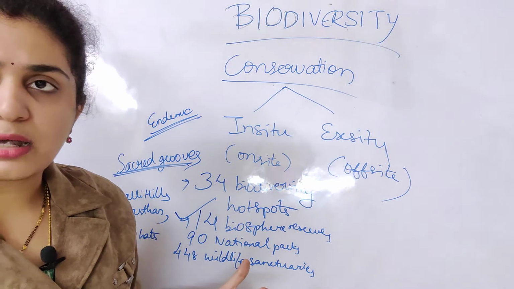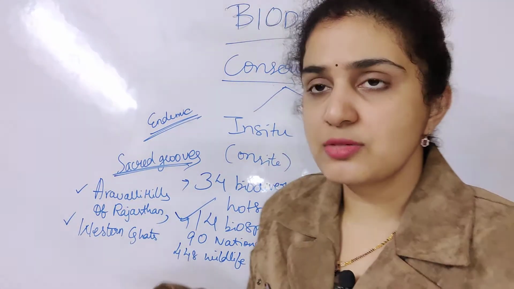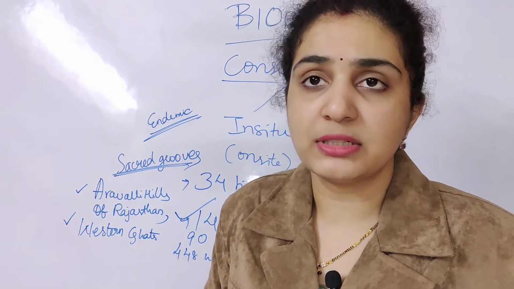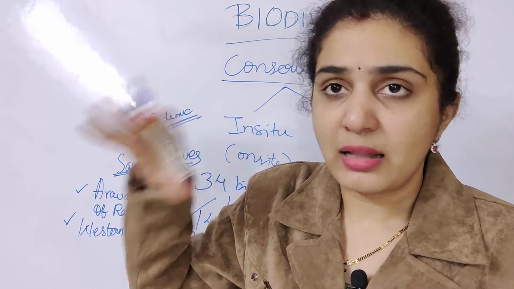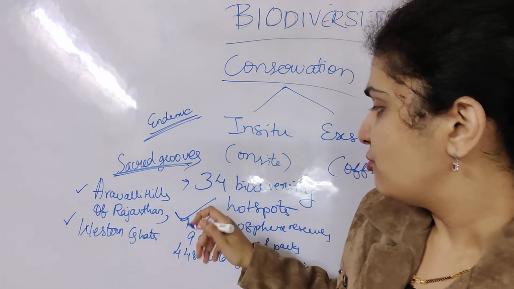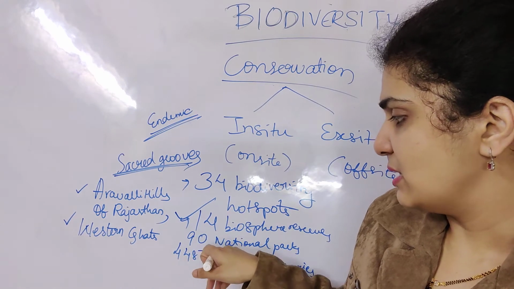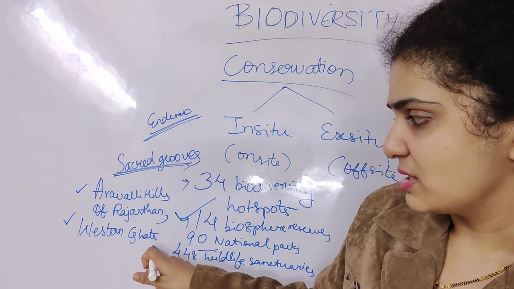These all are sacred groves. In these areas, the whole forest is preserved. You take one forest and you see an animal, and along with the animal, the full forest is maintained. So: 14 biosphere reserves, 90 national parks, 448 sanctuaries, sacred groves, Aravali Hills of Rajasthan, Western Ghats.